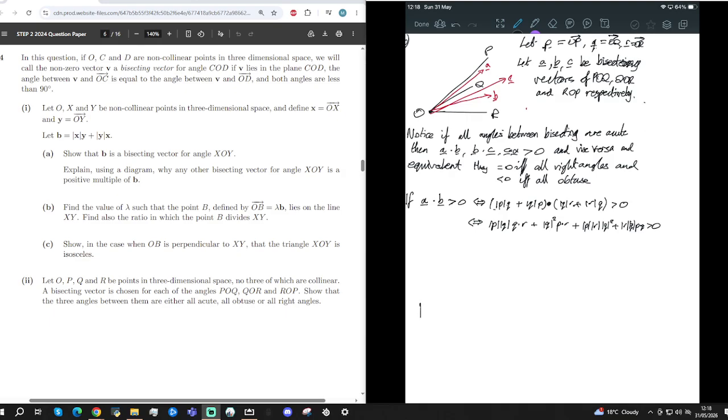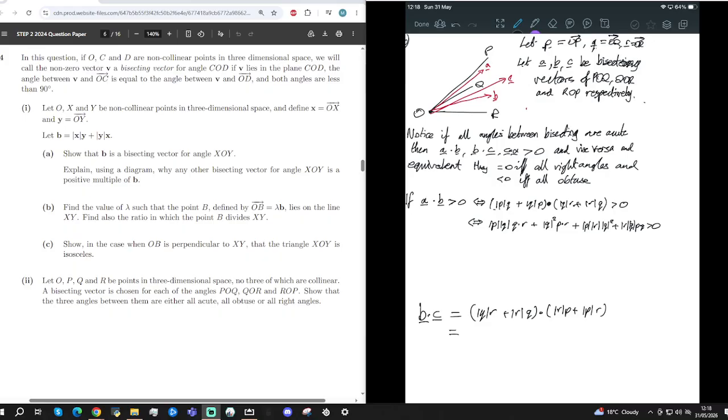I'm going to write down here just so I can focus my attention on what B dot C is. So B is mod QR plus mod RQ dotted with C. C is between R and P, so mod RP plus mod PR.